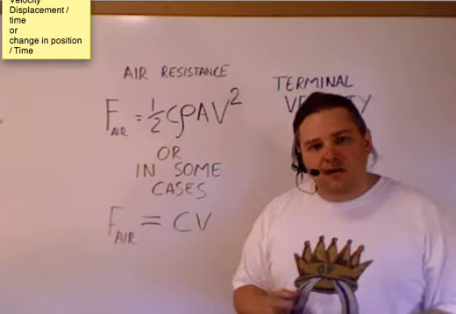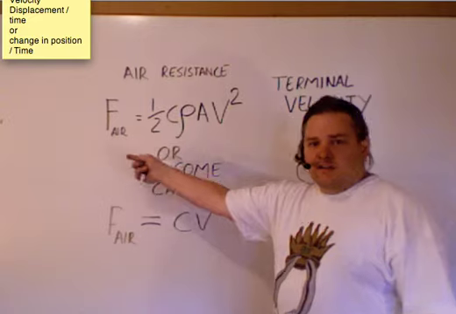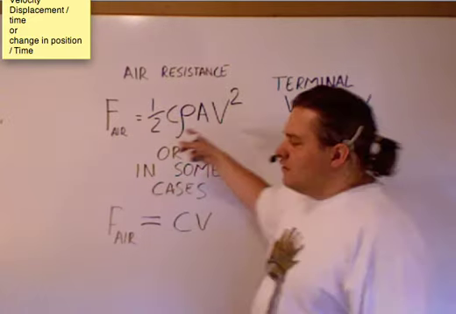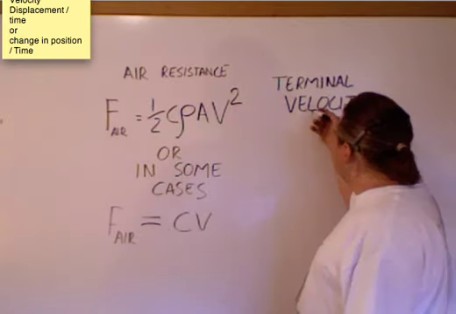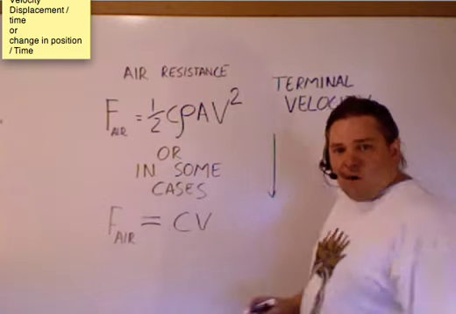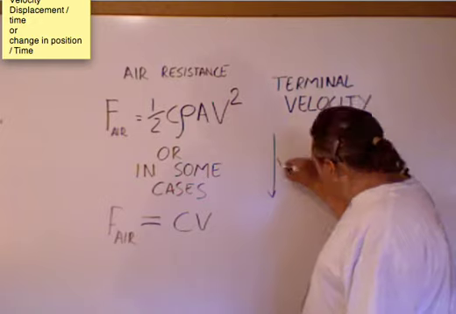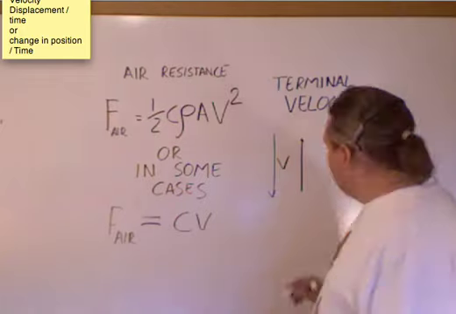The thing that you really need to know about terminal velocity is that this force of air resistance grows with velocity. The faster and faster an object goes, the more force it experiences. So as an object is falling, it's heading down and it's going faster and faster. As it's moving down, we know that the air resistance will start to increase.